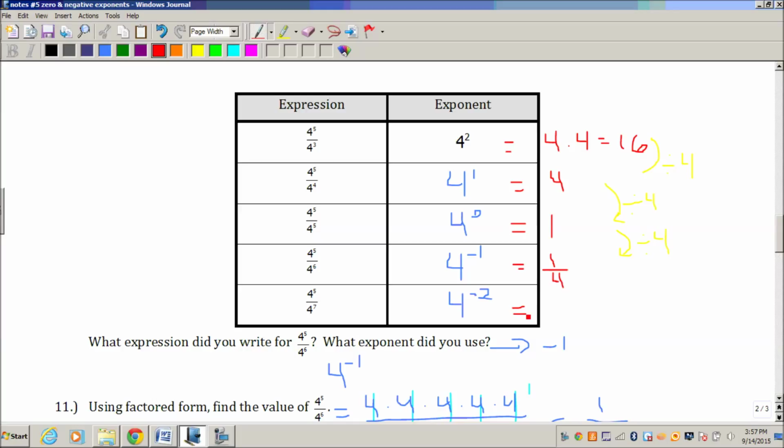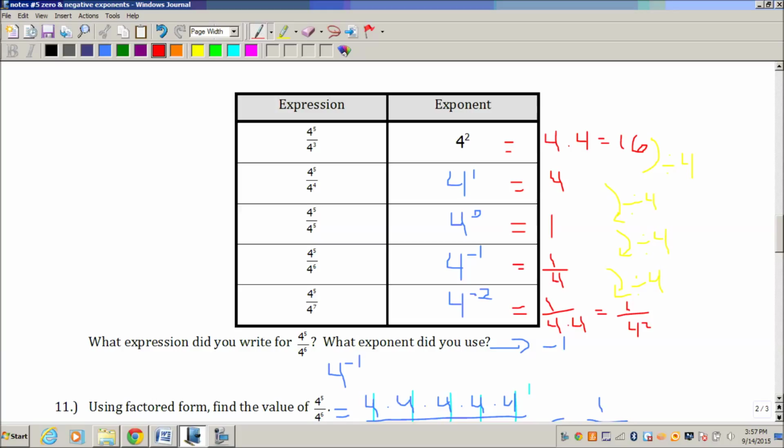And then we're going to divide by 4 again. So if we repeat that, we have 1 divided by 4, and then divided by 4 again. So we're going to have 4 multiplied twice in the denominator, which is equal to 1 over 4 squared. So anytime you have a negative exponent, it does not mean that the answer becomes negative.